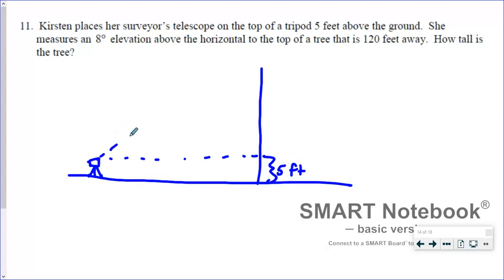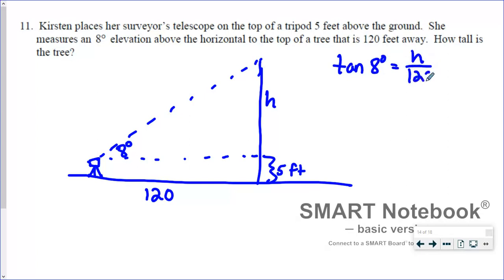So looking at the top of the tree, this is 8 degrees. I want to know this h. Of course, we know that we're 120 feet away from the tree. So this is opposite, this is adjacent, so that's tangent. So tangent of 8 degrees is equal to h over 120.